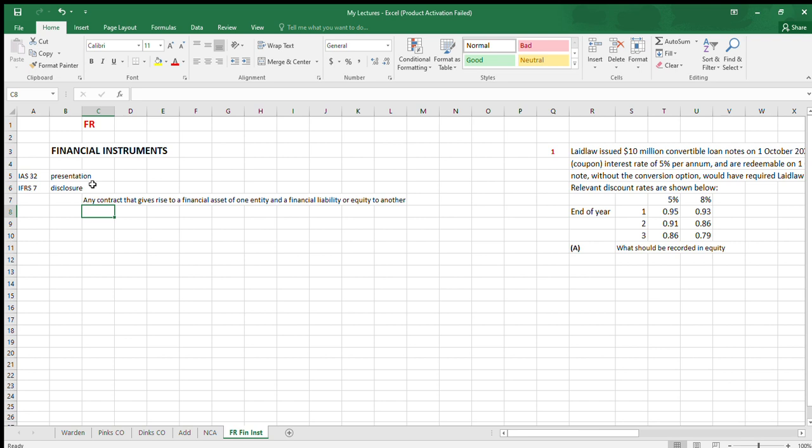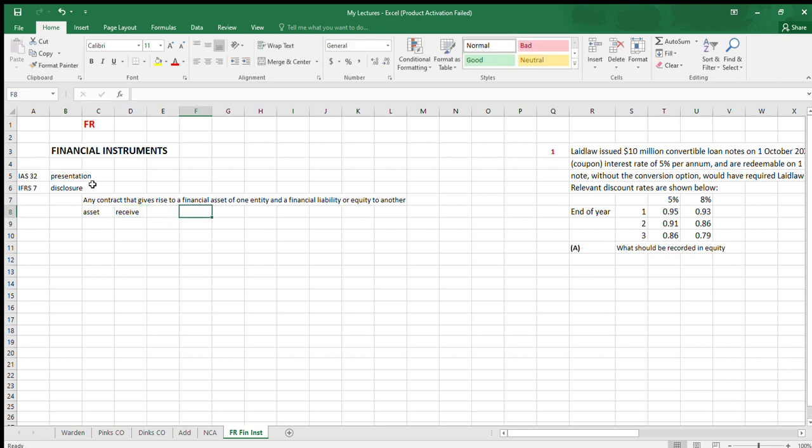Let's say we have entered into a contract with a different party, and that party is to offer us $10,000. That $10,000 becomes an asset to us because we are receiving.